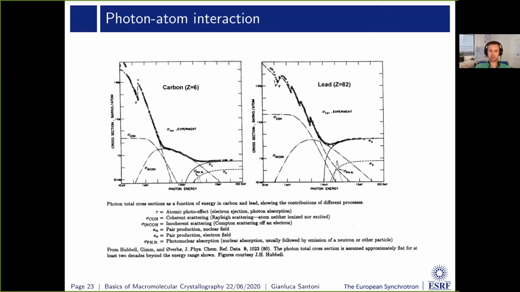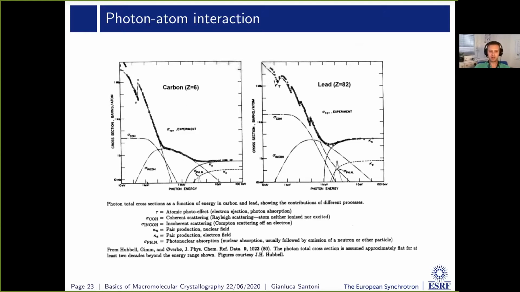First thing we can observe is that at any fixed energy, the lead cross-section is about 10 to 20 times bigger. It's obvious because, as I said, the most important value is the atomic number, and lead has exactly 12 times more electrons than carbon. Since proteins are mainly composed of carbon, we can focus a bit more on carbon.